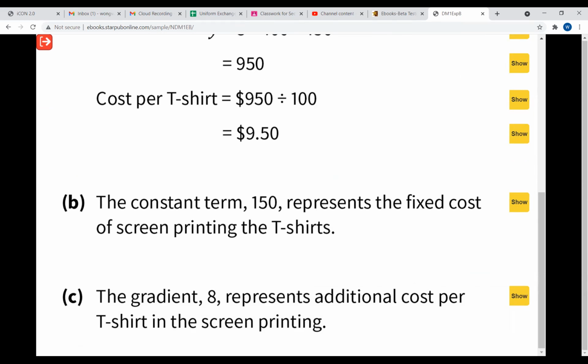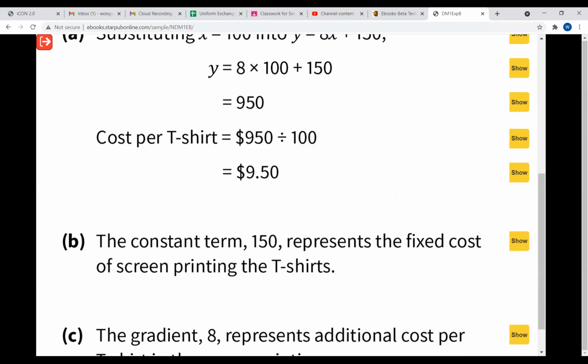Now, if we have one person printing the shirt, he pays $158. If we have two people, they pay $166. The more people we have, when we reach 100 people, they pay $9.50. If we have 1,000 t-shirts being printed, we have $150 that fixed charge divided by 1,000 people, which then becomes very small.